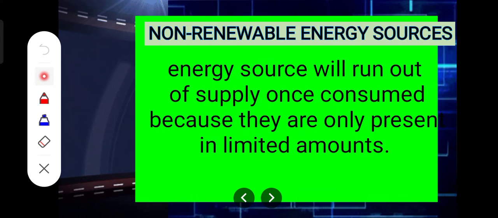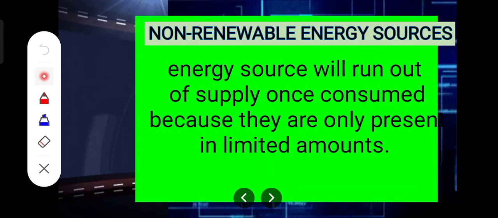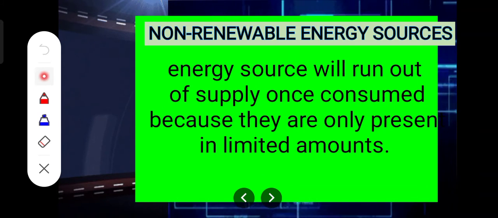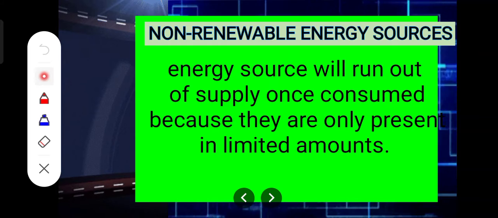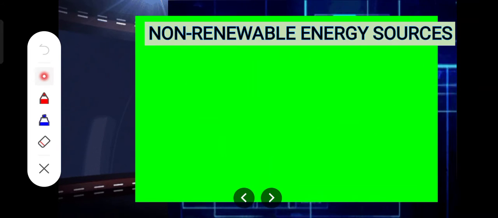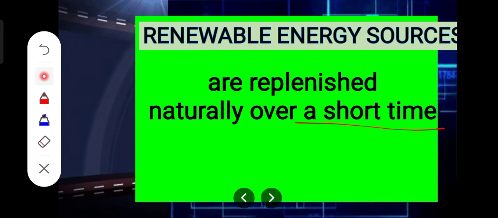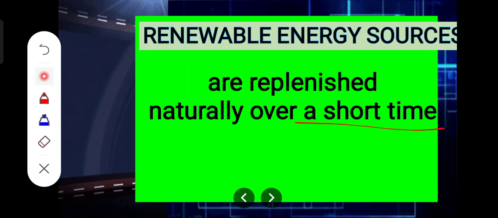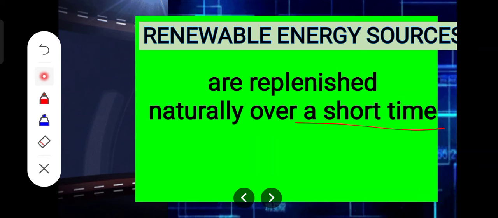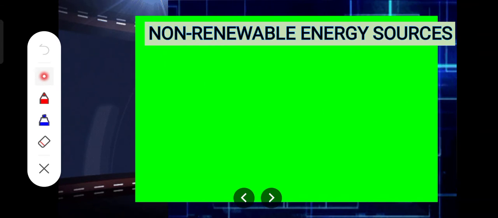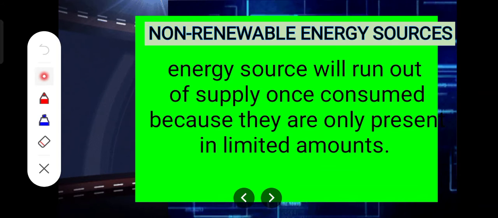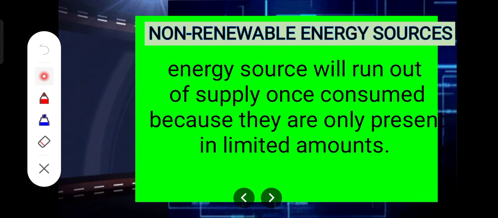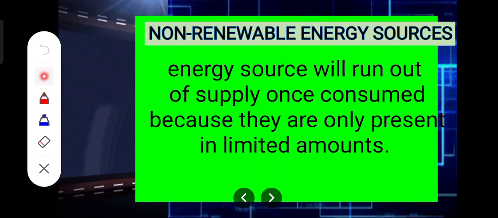Or simply, the energy source will run out of supply once consumed because they are only present in limited amounts. Not like the renewable sources, which can replenish naturally over a short period of time. But in non-renewable sources, the energy source will run out of supply once consumed because they are only present in limited amounts.